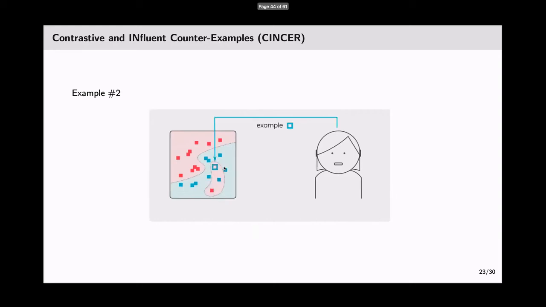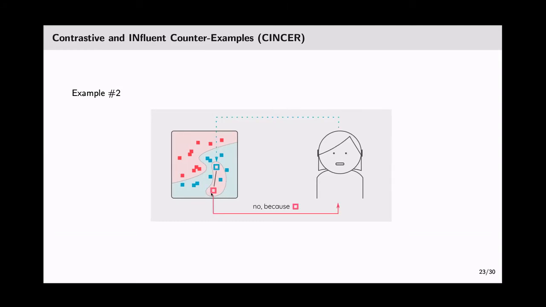Okay, second example. Again, the user provides a new example which falls in a region which is affected by this red example. The machine in this case is skeptical because it thinks that this example should be classified as red.